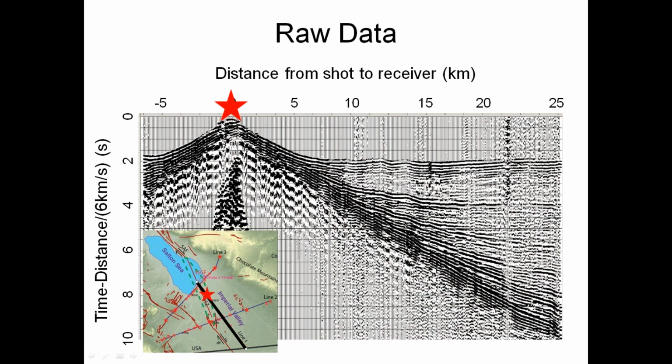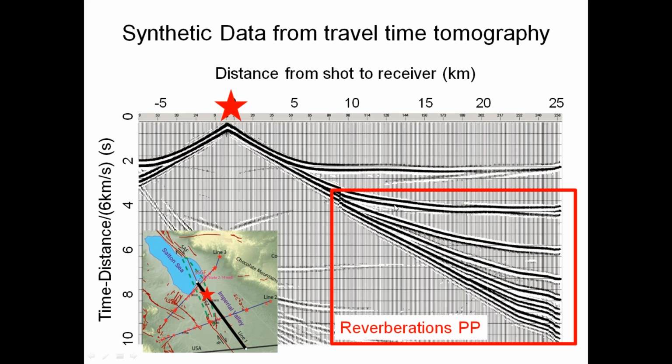Remember, we only use the first arrival, which is at the very top of the data, to run our tomography. And you can see this is synthetic data from travel time tomography. Not only does the data match the first arrival, it also matches the reverberation, which is PP or PPP phases, at the right time. I will move back and forth so you can see them.